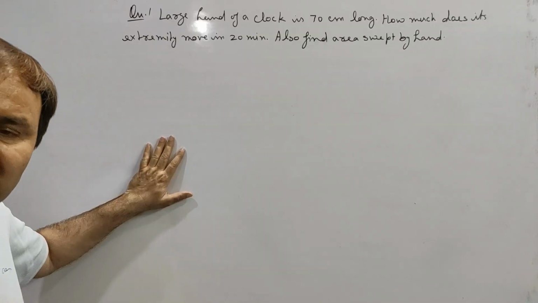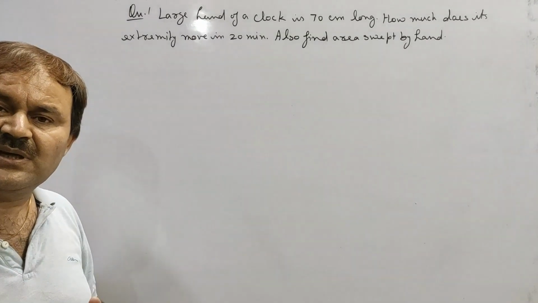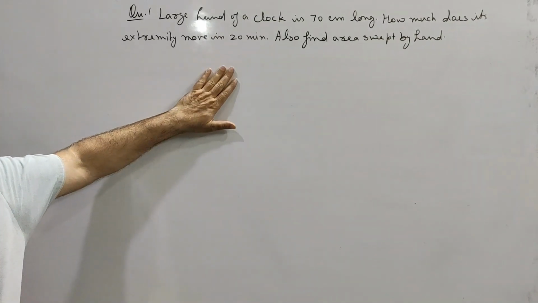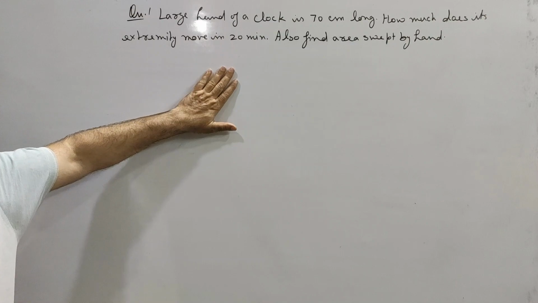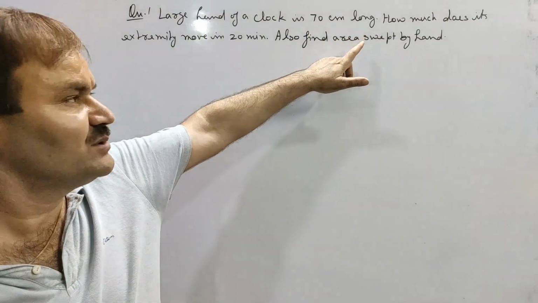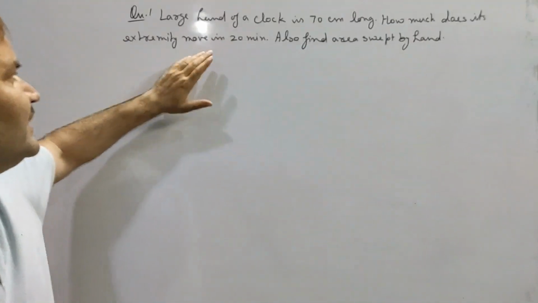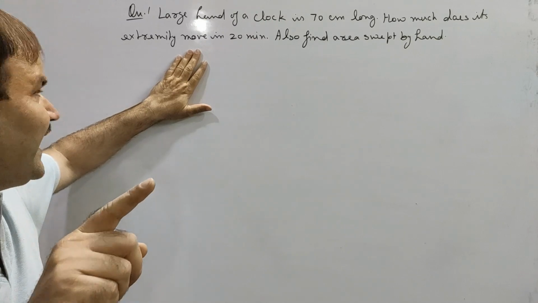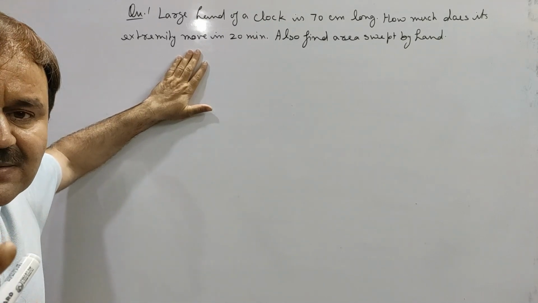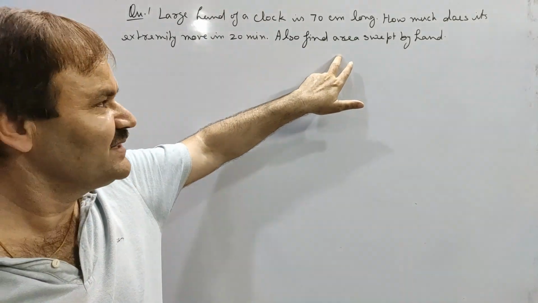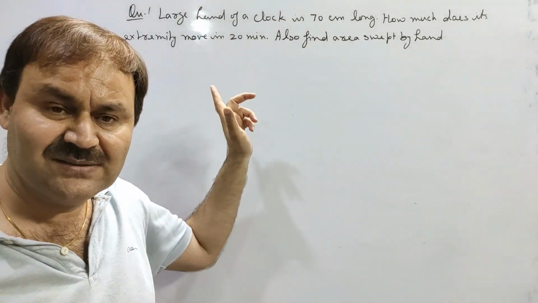Now to understand the measurement of arc length and area of sector, we are taking an example, and in this example a large hand of a clock is 70 centimeter long. You have to determine the distance moved by the extremity of large hand in 20 minutes, and also you have to find the area swept by this hand of the clock.